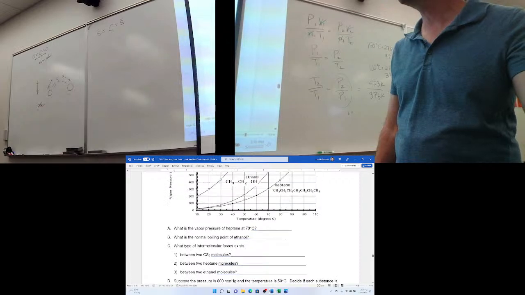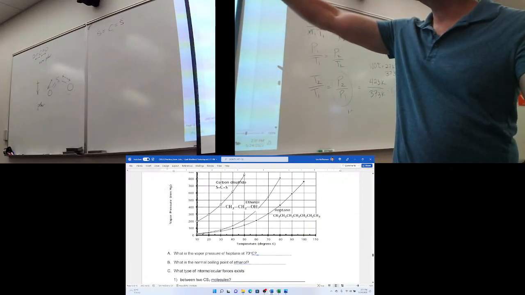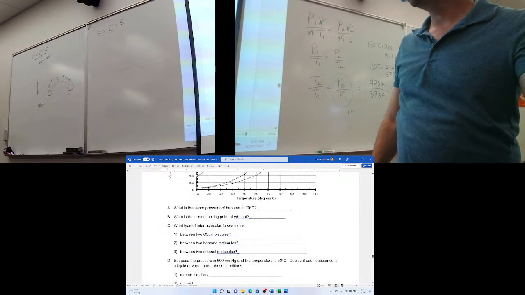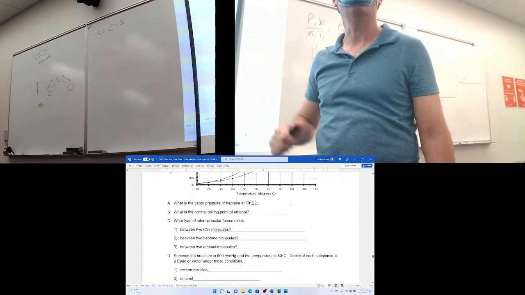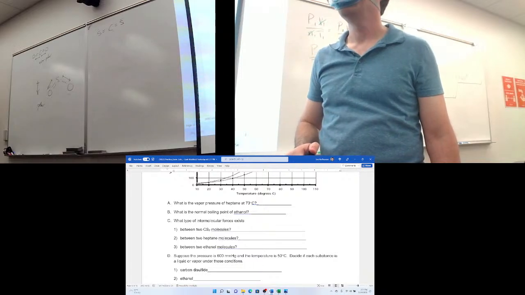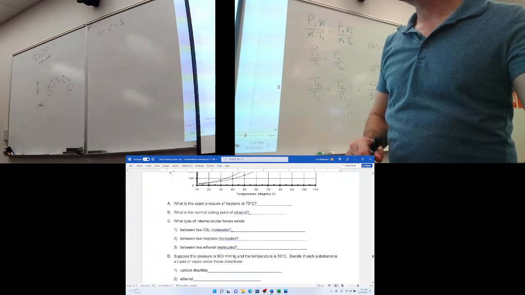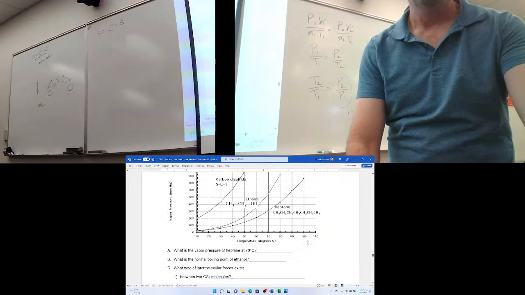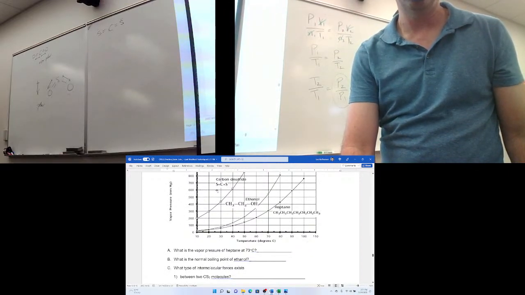So carbon disulfide at 600 is boiling at 38, 39. And so it's a gas at 50 degrees. It's not a liquid anymore. Here's carbon disulfide, and 600 millimeters of mercury is right here.